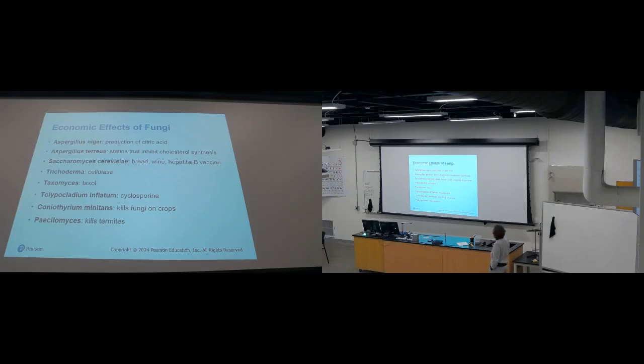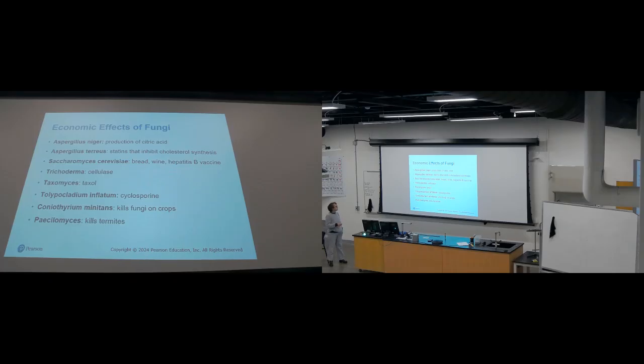Aspergillus terreus is used to produce statins, which are drugs that lower cholesterol. Saccharomyces cerevisiae is used to produce bread, wine, and also its genome has been used to produce hepatitis B vaccine.